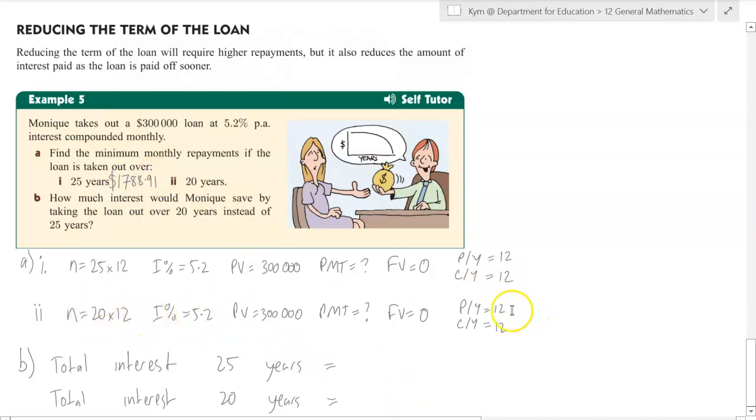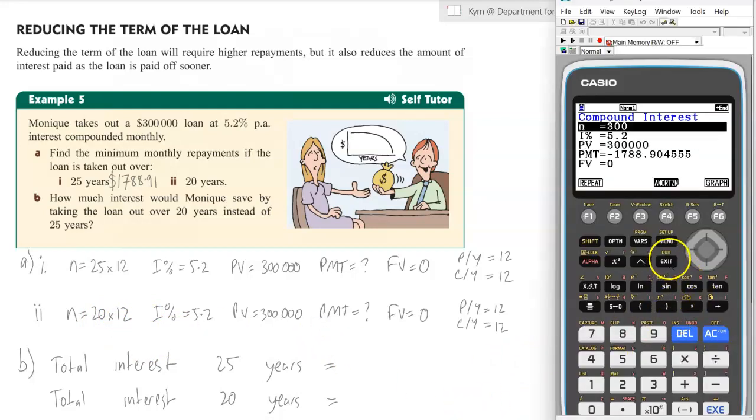For 20 years, all I'm going to do is make one change. You can see I've got these values here to pop back into the graphics calculator, but all I'm going to do is change N from 300 to 20 times 12, which is 240, right? So I'm just going to go back and change that value to 240, or 20 years paying monthly.